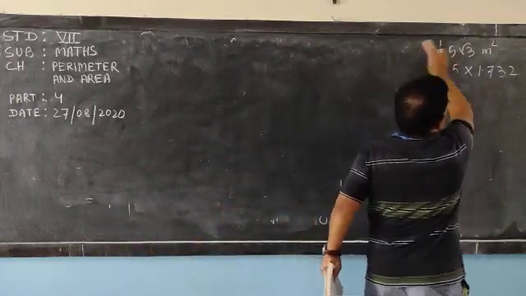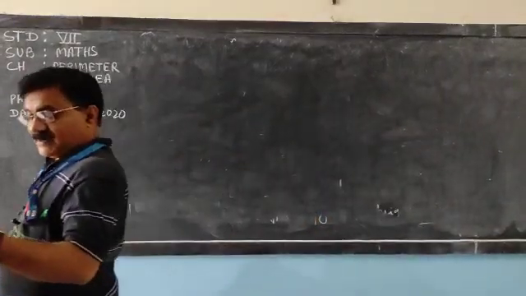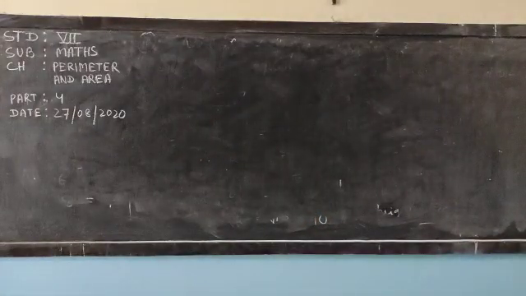What is given in question number 11? It is given the ratio of the base and hypotenuse.